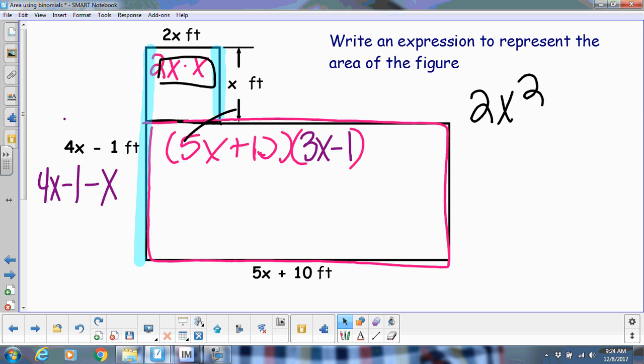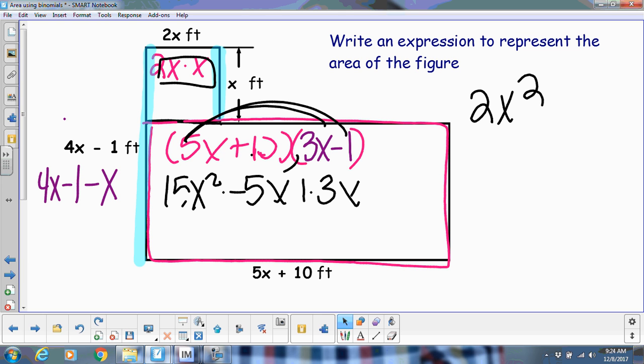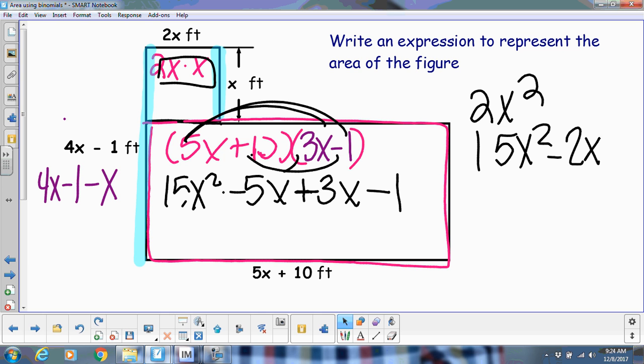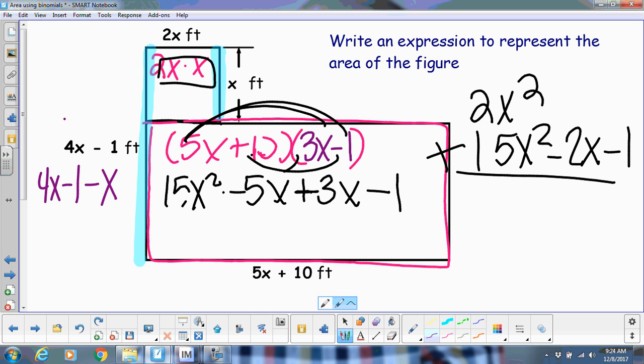All right, so inside here we get 15x squared minus 5x plus 3x minus 1, which gives me 15x squared minus 2x minus 1, right? Add these together. That gives me 17x squared minus 2x minus 1.